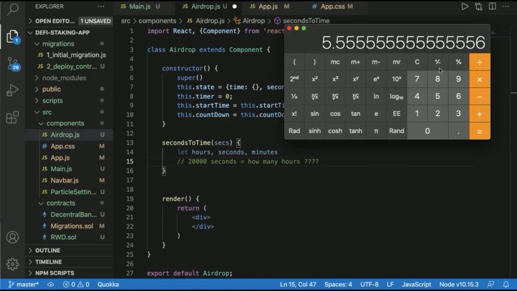Now, why do we do it by 3,600? Well, because we know that how many seconds are in a minute? Well, there's 60 seconds in a minute, right? And how many minutes are in an hour? Well, there's 60 minutes in an hour, right? So 60 times 60 is 3,600. What does that give us?